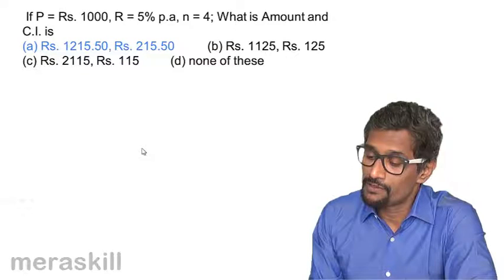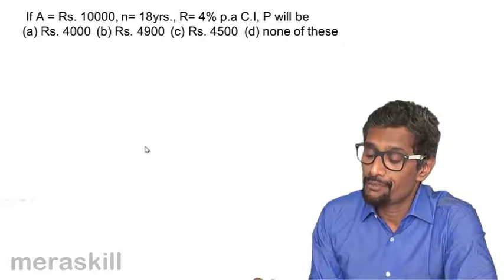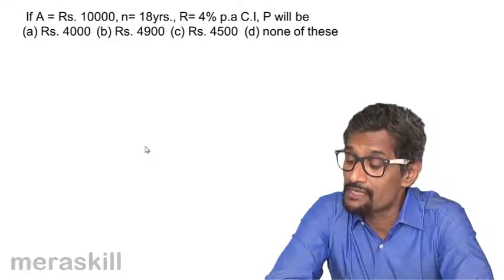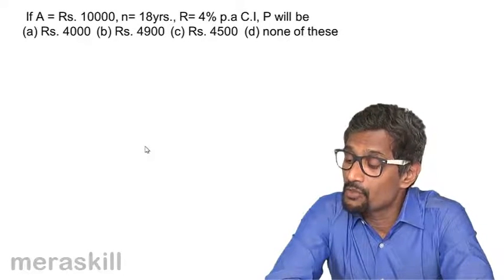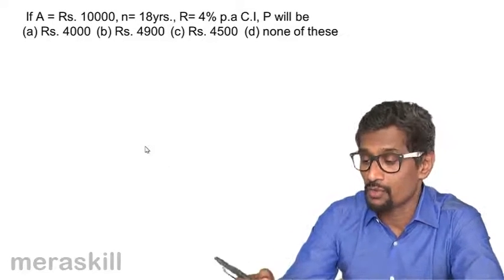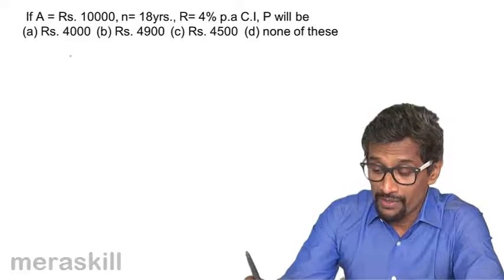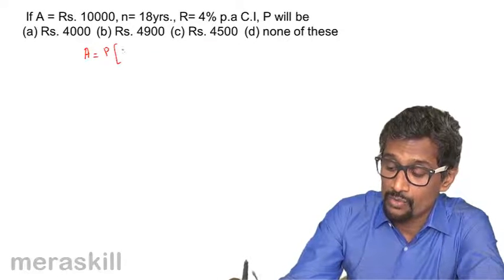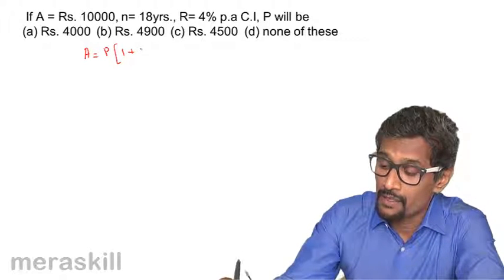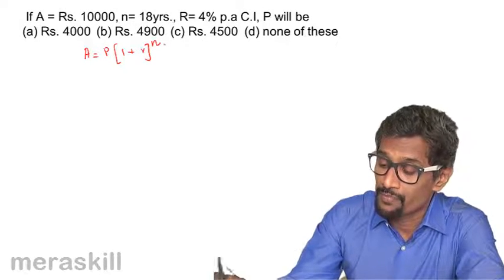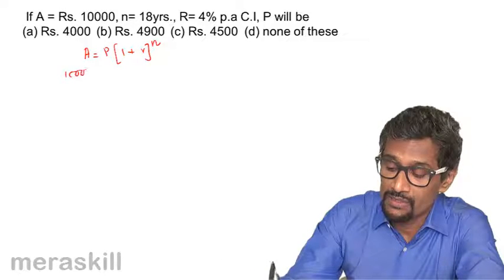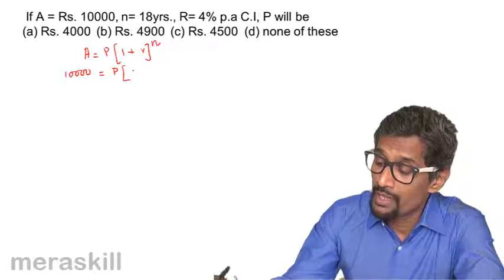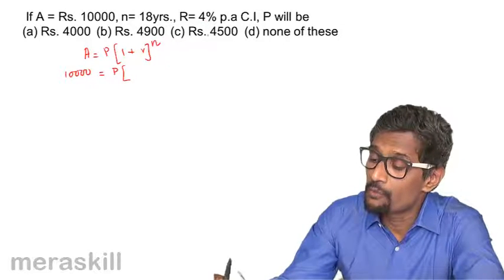And furthermore, we have here amount is 10,000, N is 18 years, R is 4%, compound interest, P would be what? So let's see what the formula is. A is equal to P into 1 plus R raised to N. So amount is 10,000 and P is something we don't know, and it's 4% per annum.